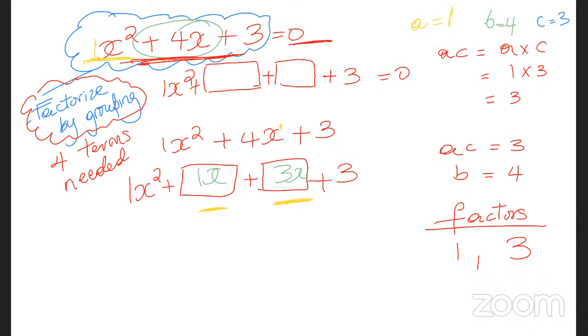No, miss, we haven't changed the value, because 1x plus 3x would still give us the 4x. All right. So what we have done is to regroup it, so rewrite it so that we can factorize by grouping, but it is the same value. Good?